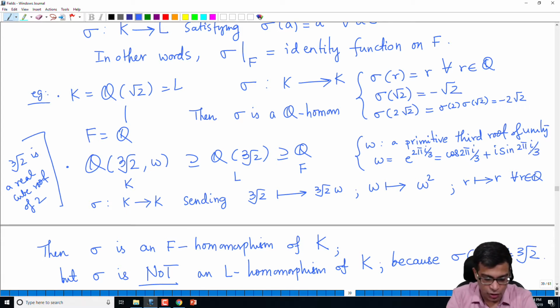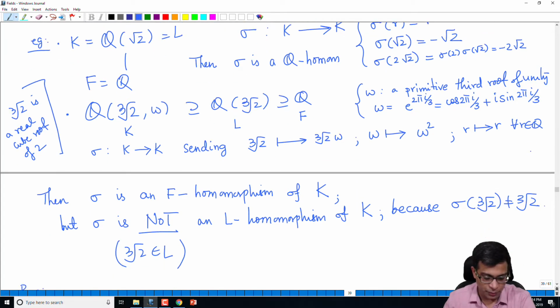And then let's call these fields K, L and F respectively, and let's look at the function from K to K, which sends cube root of 2 to cube root of 2 times omega, omega to omega squared, and r a rational number to itself. So later on you will see why I have chosen these particular images. And just like in the previous example, it suffices to describe the images of these generators, cube root of 2 and omega, and tell what the images of rational numbers are, to uniquely determine the entire homomorphism.